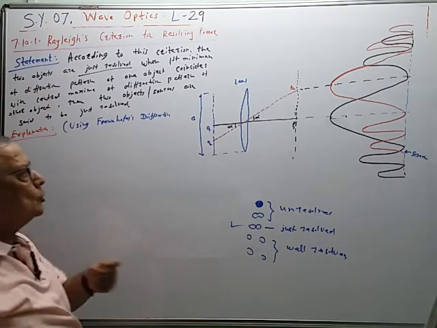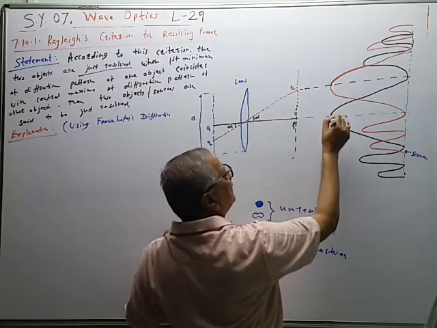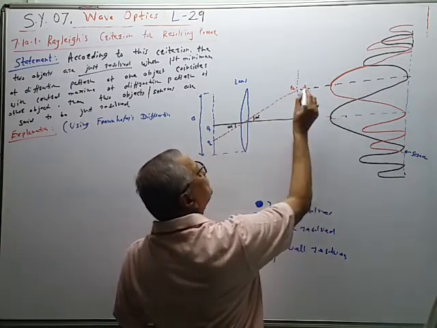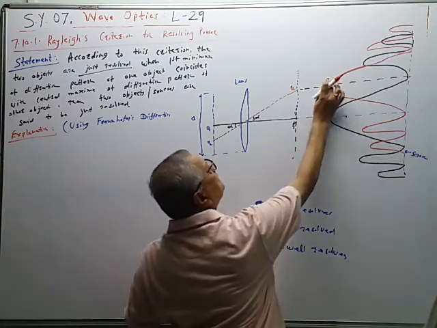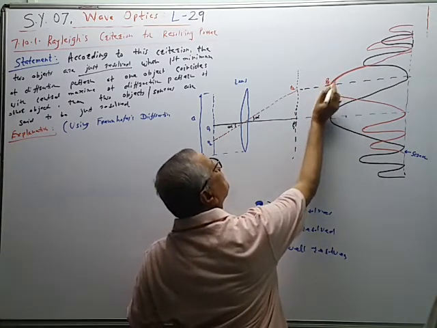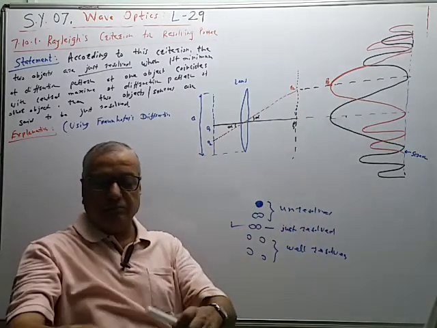So these are the two patterns shown by red color and this black color. This is P1, P2, and this is P1.